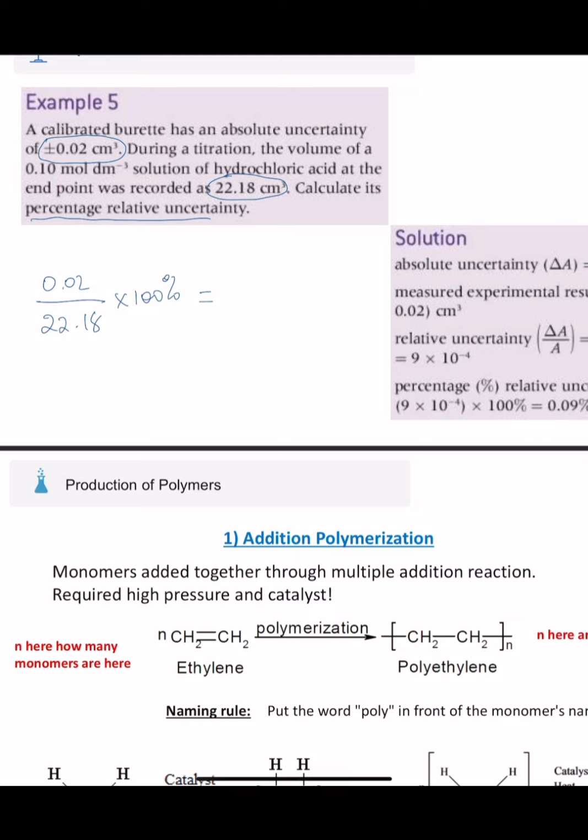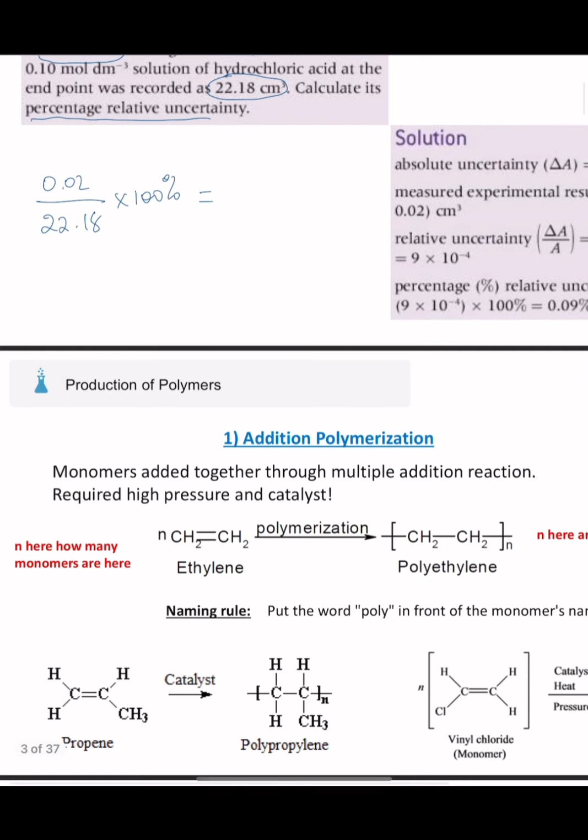And if it asks you to get the range, it's going to be 22.18 plus 0.02 and 22.18 minus 0.02, which gives you the range of 22.16 up to 22.20. Okay, so this is your range.